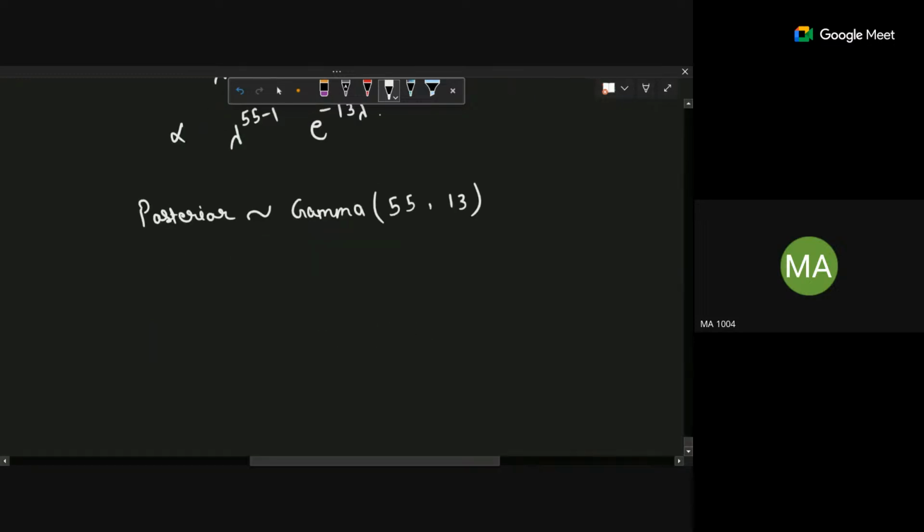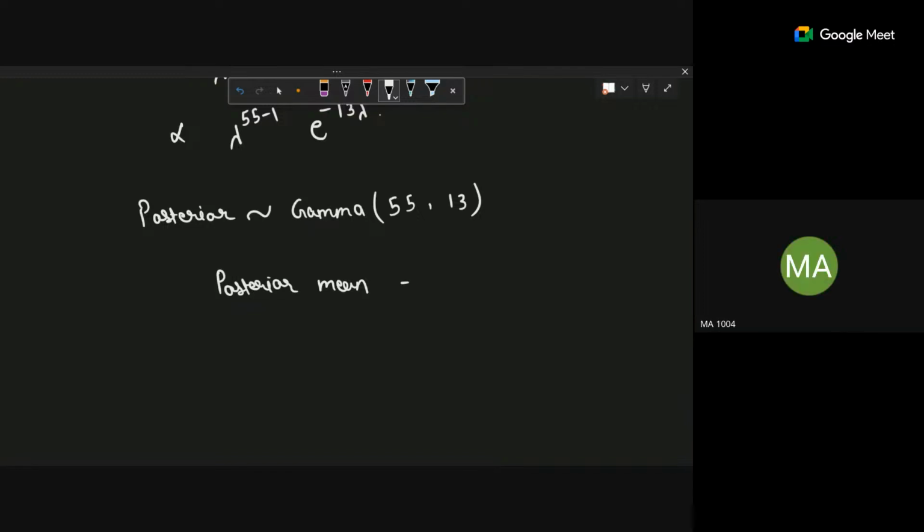Okay, so what will be the posterior mean then? It will be alpha by beta, which is nothing but 55 by 13, and that is something about 4.23. So that is our posterior mean.